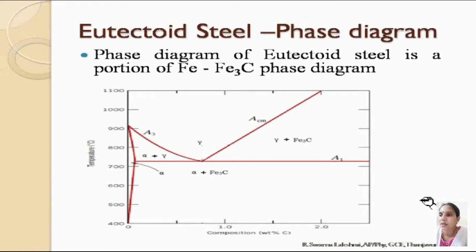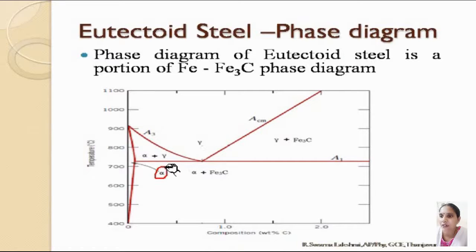So, this is the portion of the curve that was marked by a dark circle in the Fe3C phase diagram. Area of interest, that is the eutectoid line. Hence, this phase diagram is known as the eutectoid steel phase diagram. And here you can see that there are three phases existing.